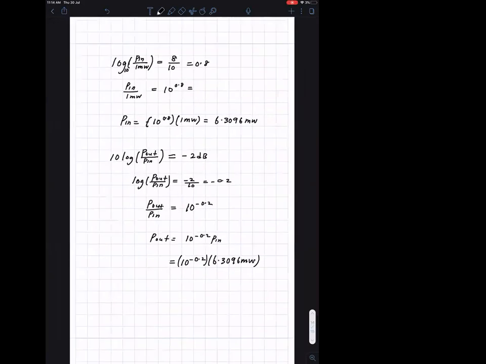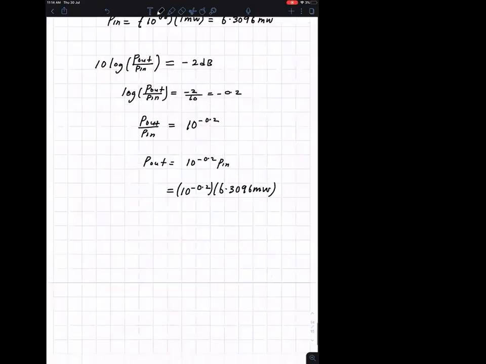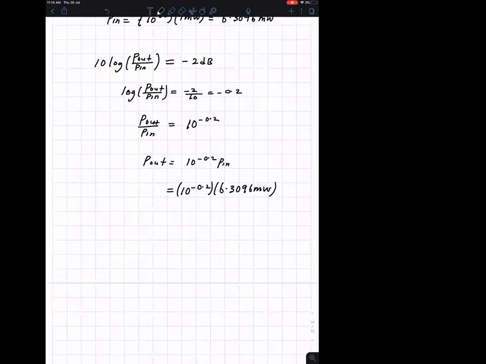If you calculate that out, that's going to give you P out is 3.9814 milliwatts. So this is the answer.